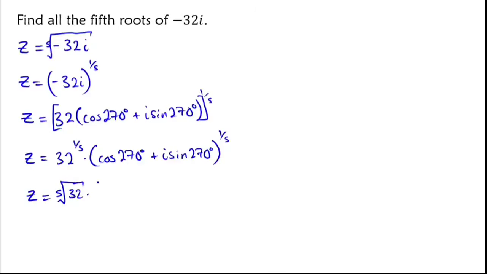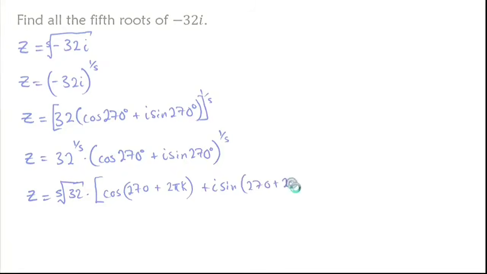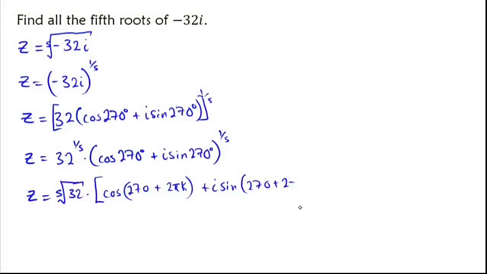Then the generalized version of this polar form will be cos 270 plus 2 pi k, plus I sine 270 plus 2 pi k, like that. Now remember, this is raised to the power 1 over 5.